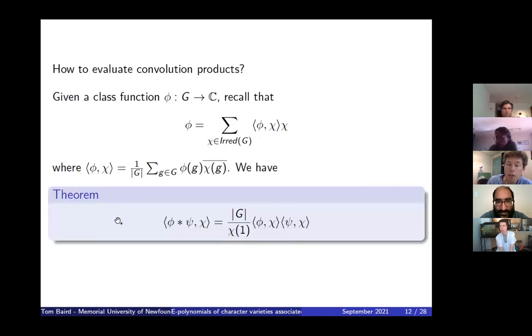The theorem says that if I take the convolution product of two class functions and look at the multiplicity of a certain irreducible character in that convolution product, then that's essentially just the product of the multiplicities of each of those constituent functions times a correction factor, which is easy to understand. This is essentially just that rule from Fourier analysis, that if I take the Fourier transform of the convolution product, I just get the product of the functions up to some correction factor.